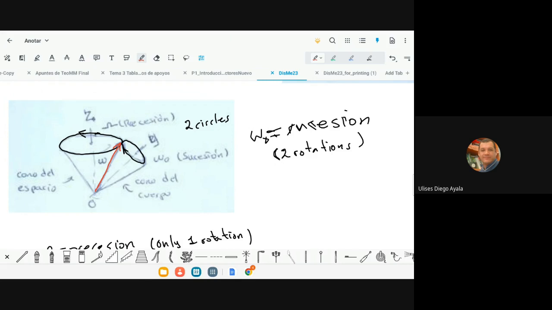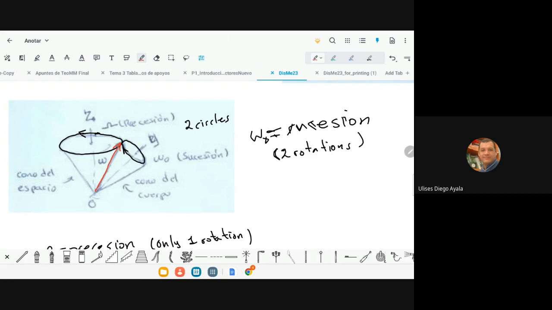If you imagine this cone, now imagine these moves. What happens with this? The diameter changes. So imagine that these cones are changing in diameter. What will happen with this value? This is going to change. If this is smaller and this is bigger, this will be closer to which one? To the smaller one. Yeah, it's slower.